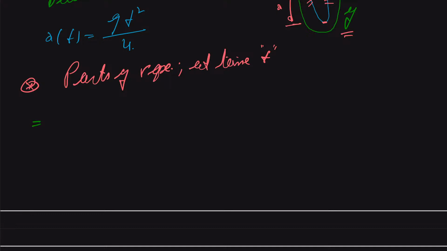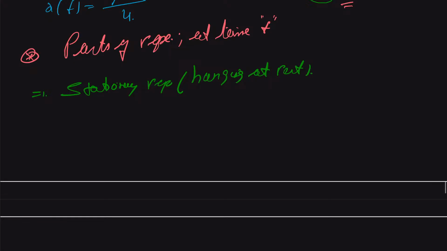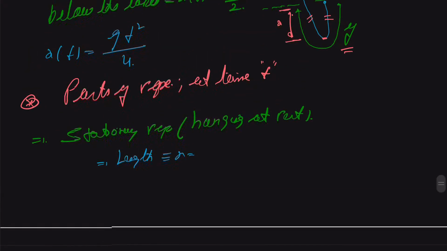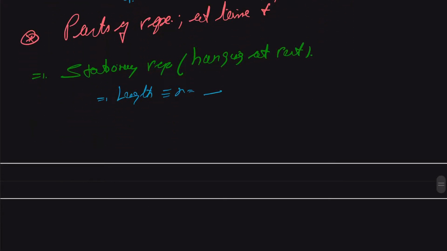So first is our stationary rope, or we can say hanging at rest. Under this condition its length, which I have said is x, is equal to g t square by 4.